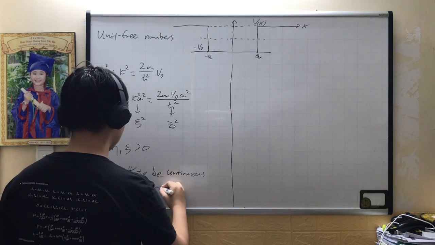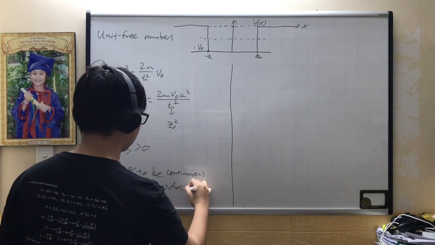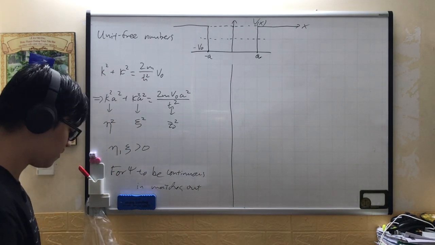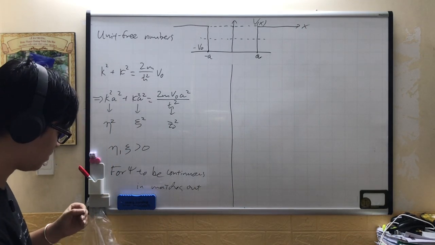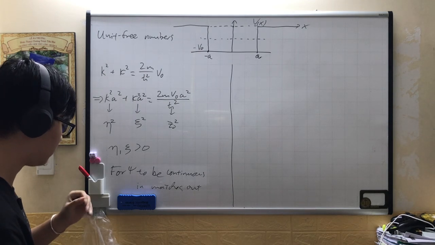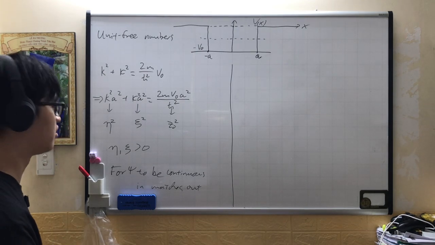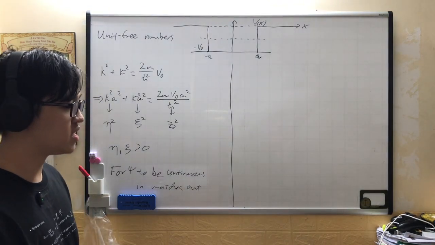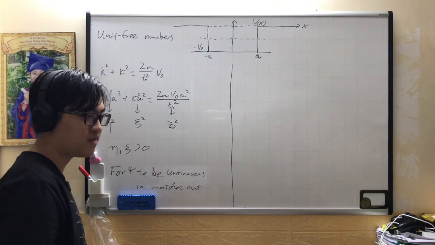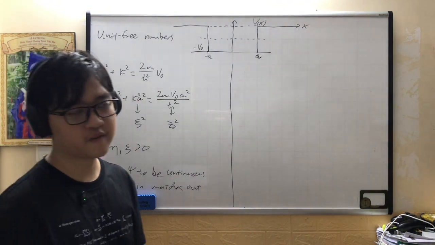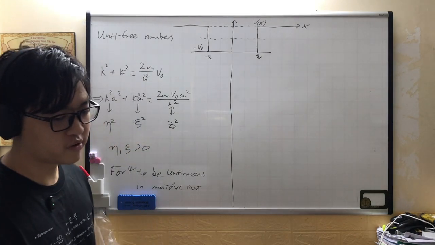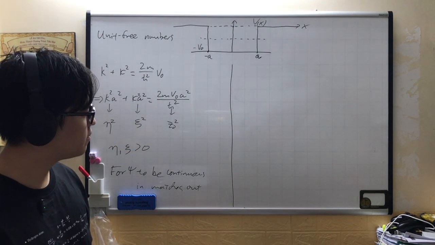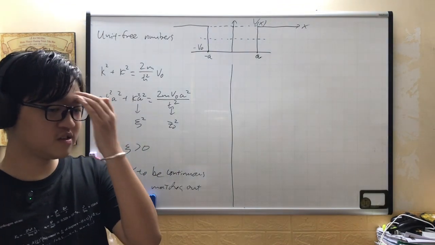So inside matches outside. You don't see this in the infinite square well problem, but you're going to encounter this from now on. You have to match the wave function and the derivative of the wave function at points.